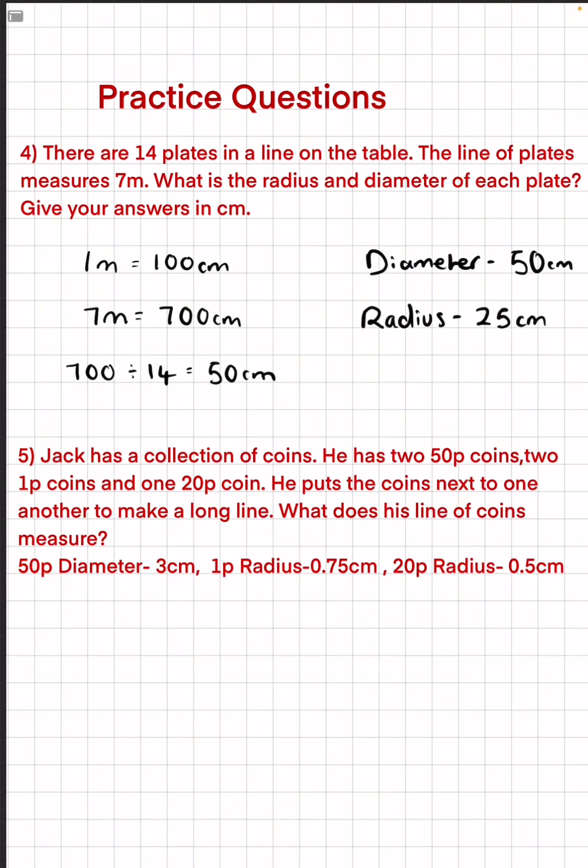We've been given the diameter of a 50p coin, which is 3 centimeters, the radius of a 1p coin, which is 0.75 centimeters, and the radius of a 20p coin, which is 0.5 centimeters. The question says that Jack has two 50p coins, so the diameter of two 50p coins is 6 centimeters. 3 plus 3 is 6.